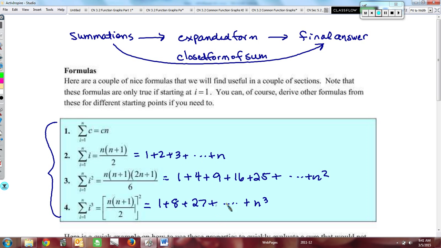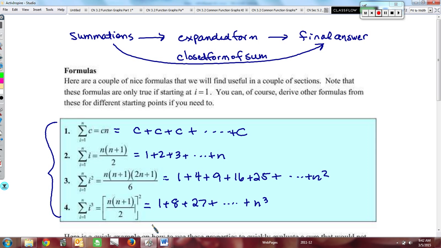That instead of doing this expanded form, and this is just showing you that you're doing c plus c plus c plus c, instead of putting this in an expanded form and then typing them into a calculator, I can use this shortcut formula to calculate them.